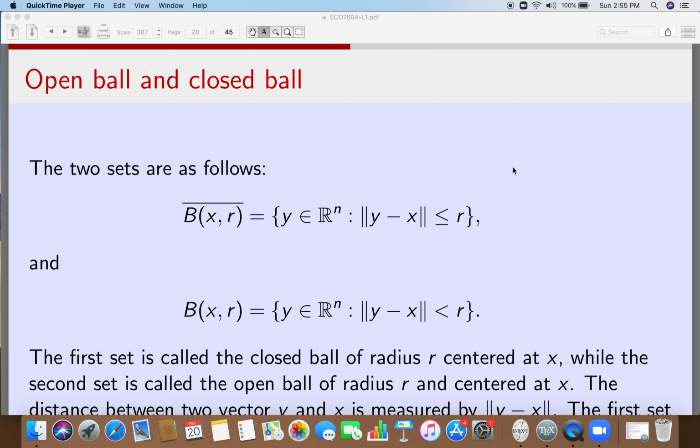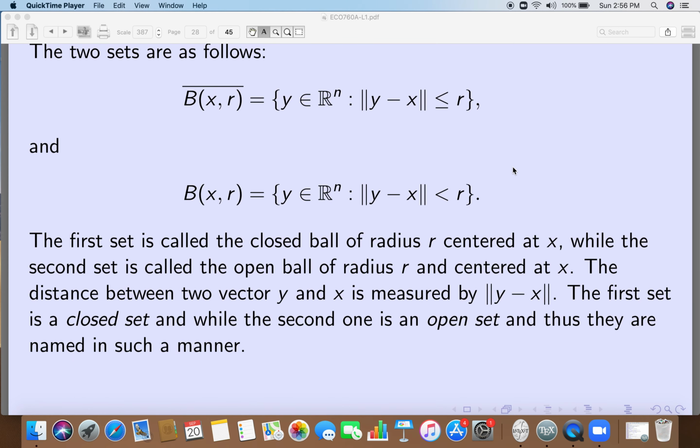Now the second set, B(x, r), consists of all elements but not the circular boundary. That is what is called the open ball, and the previous one is called the closed ball. So these are actually closed sets and open sets.